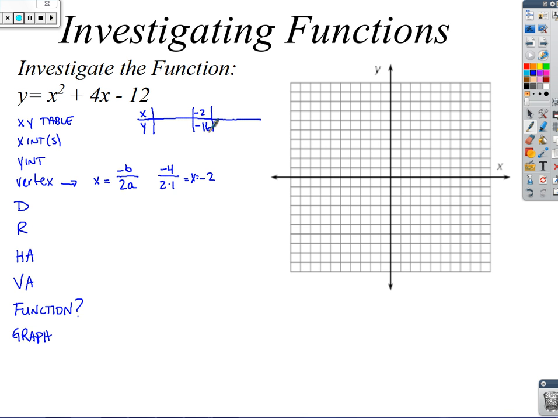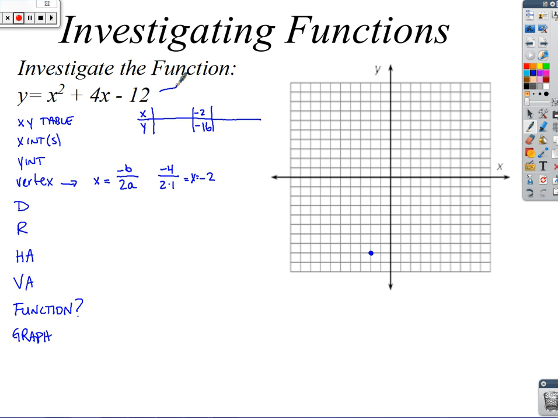So that is my first point on this particular graph. So negative 2, negative 16. I'm going to have to count by 2's on the y-axis. That's my vertex.